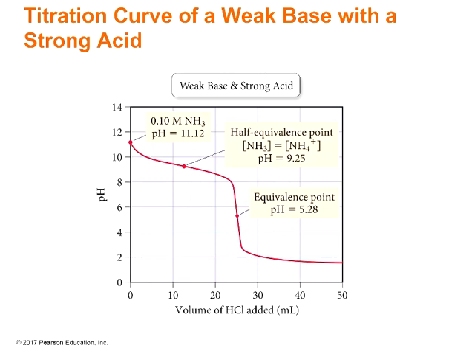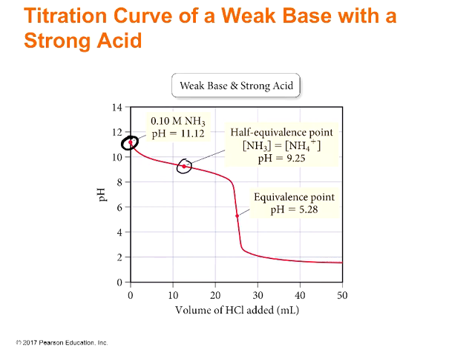So for instance, if we're performing a titration on a weak base, such as ammonia, initially we would have a high pH, but it's not going to be as high as a strong base. And then that's going to slowly decrease until we reach what's called the half equivalence point.